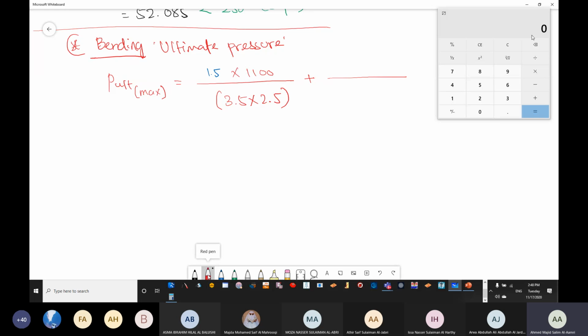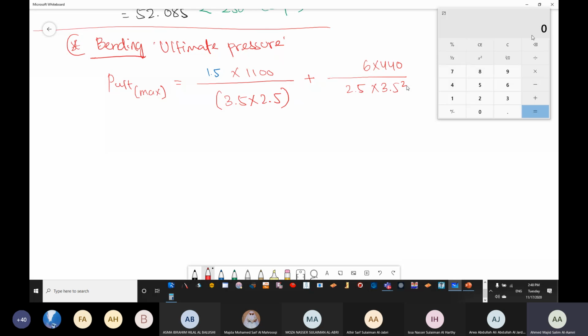We are going to go for the moment. Now for the moment, we have used 6 multiplied by 440, and then 2.5 multiplied by 3.5 squared, right? And once again, since it's a load which will cause a pressure, it needs to be factored.